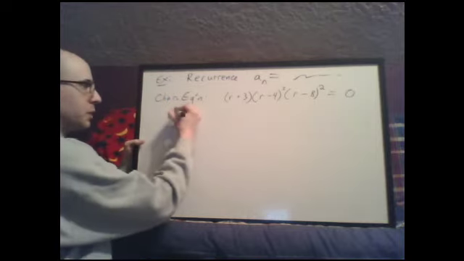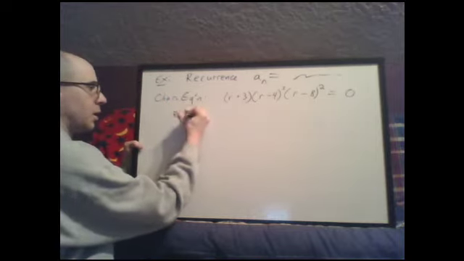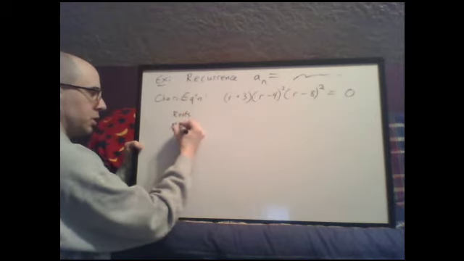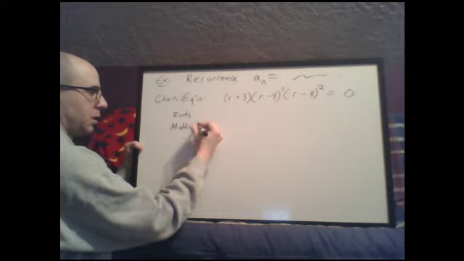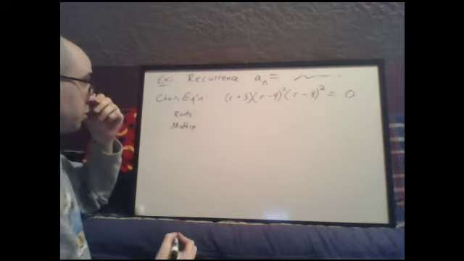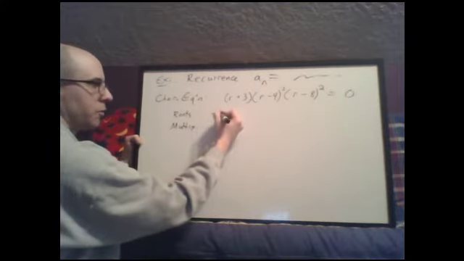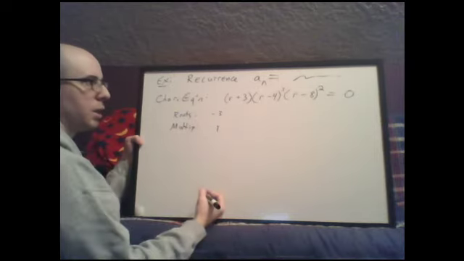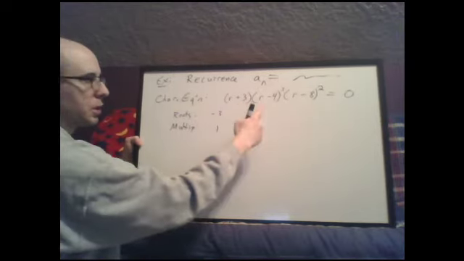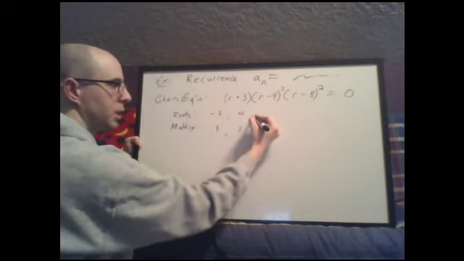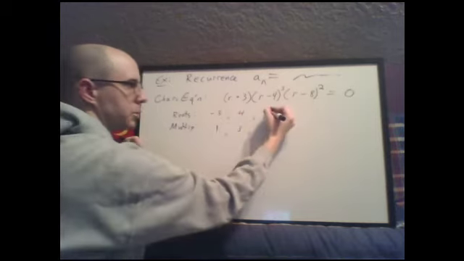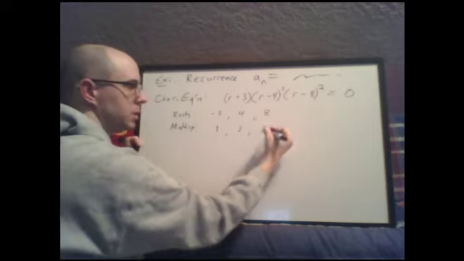Then our roots, and let's also do their multiplicities: r equals negative 3 with multiplicity 1, because that factor just occurs once. r equals 4 with multiplicity 3. r equals 8 with multiplicity 2.